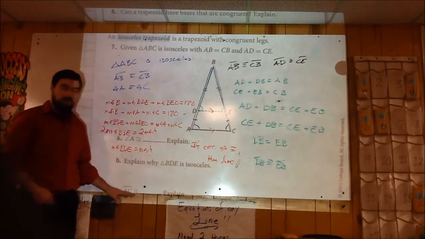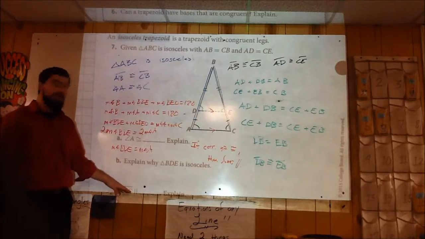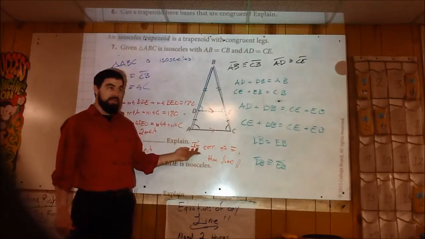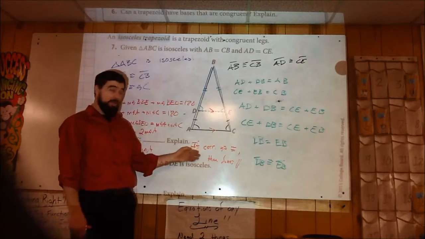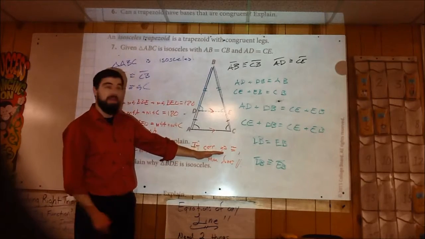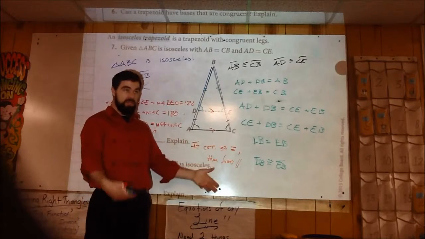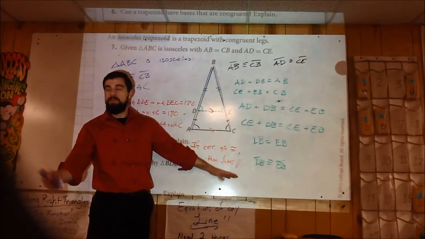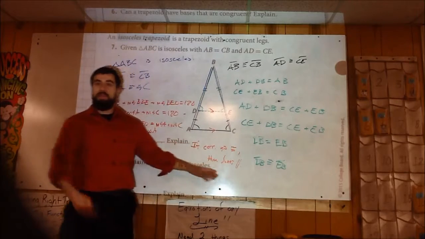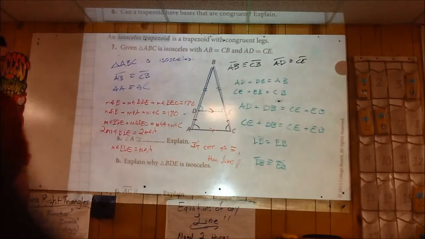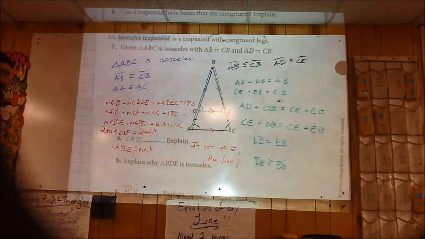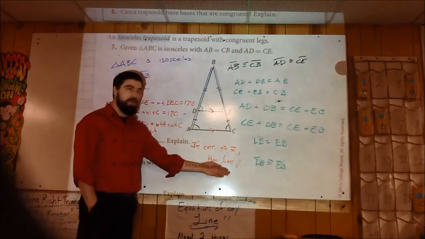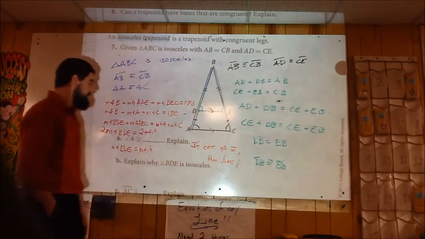We are trying to conclude that these segments are parallel. So your justification, your reason, needs to match your logic. That's why my hypothesis is corresponding angles are congruent, and my conclusion, what I'm trying to conclude, is lines are parallel, or segments are parallel. So make sure that that is matching your logic and your justification. If you're trying to conclude that lines are parallel, then that better be your conclusion of your justification.